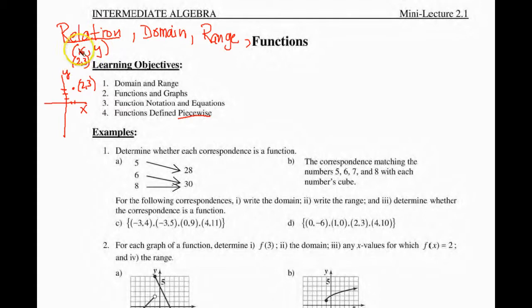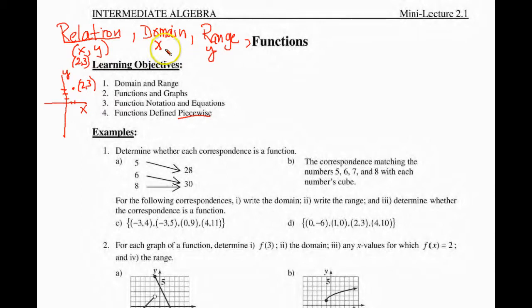Now, within this particular relation, we have the letter x. That is the first element in each of these ordered pairs. Well, that is considered the domain. The x elements are the domain. And the y elements, which is the 3 here, is considered the range.